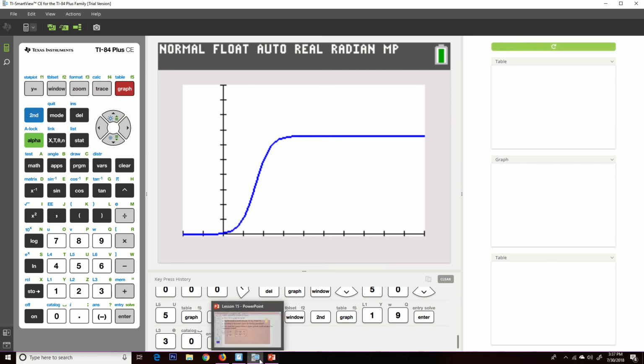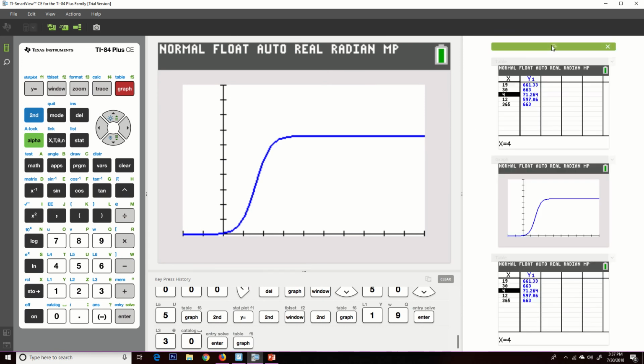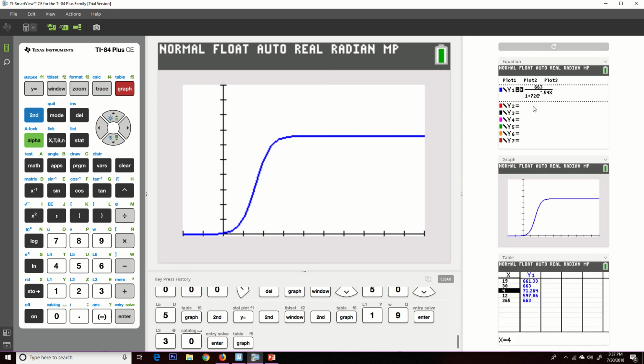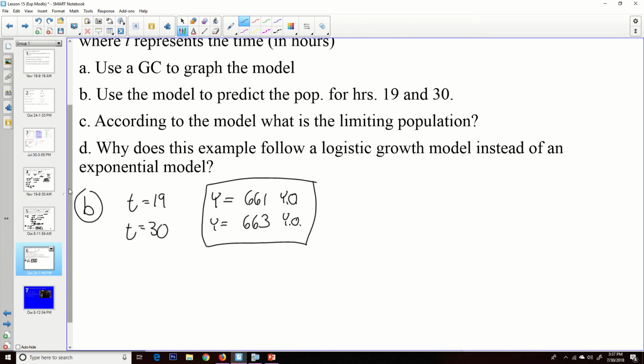Now, if we look back at the equation, we'll notice we've got that 663 at the top, and that's the number that both of those are close to, 663. Now, let's talk about it in terms of the equation that we have here.